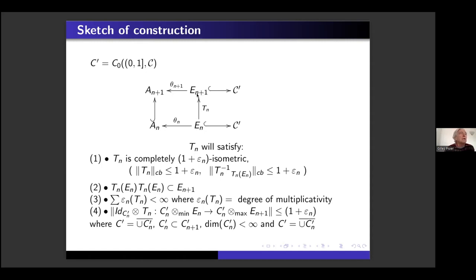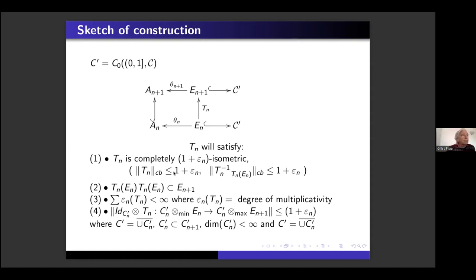So we have a sequence of finite dimensional spaces and a sequence of maps Tn, which are going to be 1 plus epsilon n embeddings. And this epsilon n is going to have to go to 0 sufficiently fast. So that's the basis of the construction.